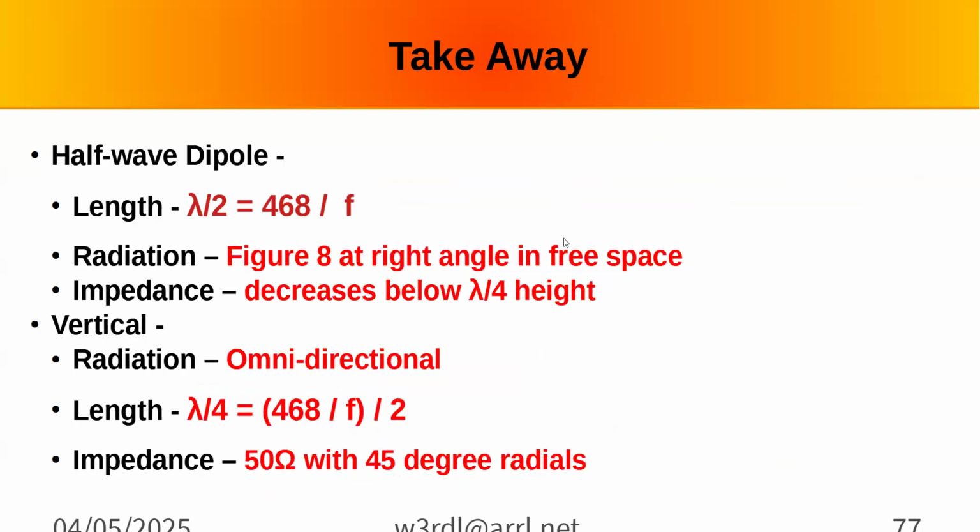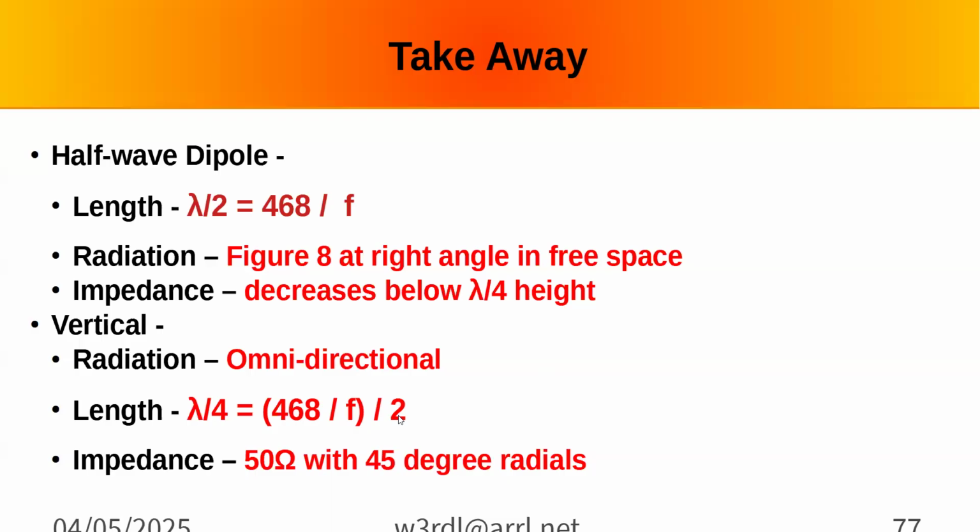The formula for the length of a half-wave dipole was 468 divided by the frequency in megahertz. The radiation pattern is a figure 8 at right angles to the antenna element. Impedance decreases as you get close to the ground. For a vertical, it's an omnidirectional pattern. It's 468 divided by the frequency, divided by 2, because it's a quarter wave instead of half wave.